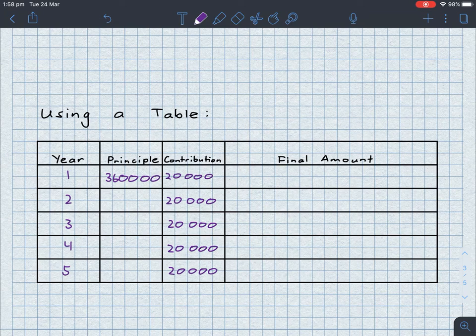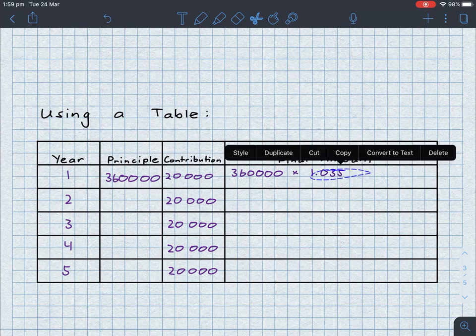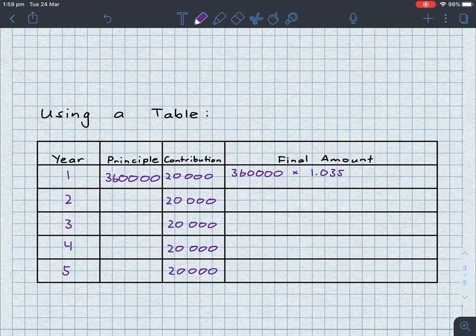So the final amount at the end of the first year will be the $360,000 times by the interest rate as a decimal added to 1. So we can either write it in brackets as 1 plus 0.035, and that would be to the power of 1, or just like I did last time, I'm going to add those together and just make it 1.035, so there's less writing.